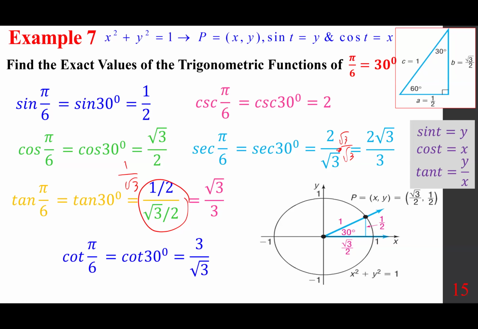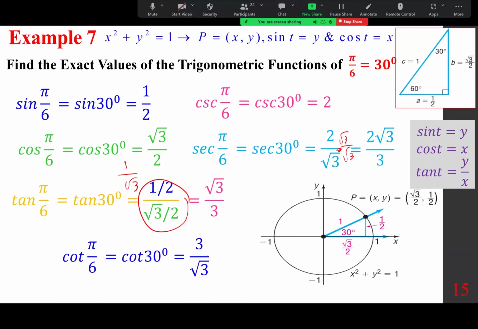If you want, you can multiply by square root of 3 over square root of 3, which becomes 3 square root of 3 over 3. Either way, it's easy to prove that, okay?